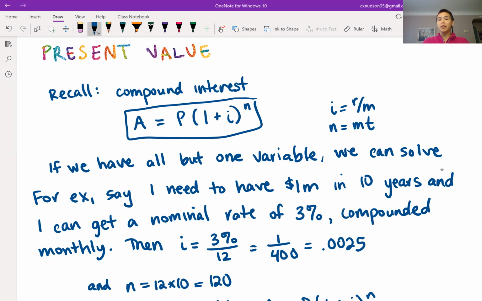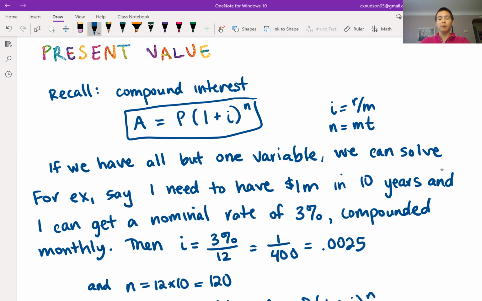And so far what we've done is plugged in P, plugged in I, plugged in N to find A. However, we know that we can just plug in all but one variable and then solve for that one variable. So if I want to end up with $1 million, I can plug in A equals $1 million and then figure out what should P be.